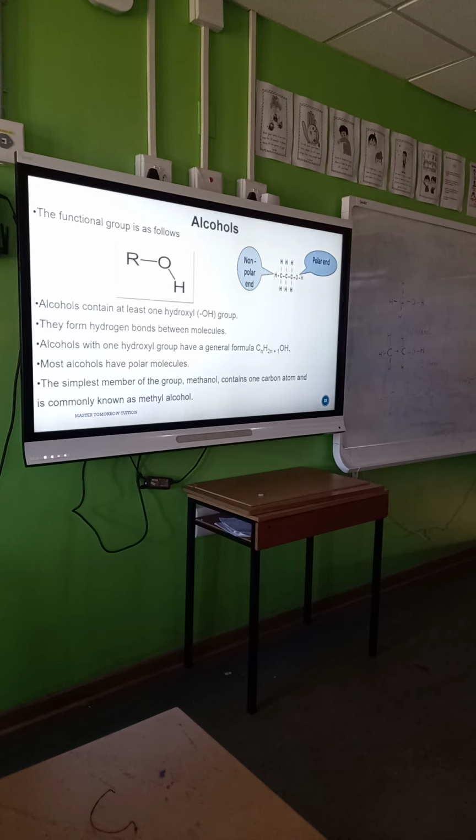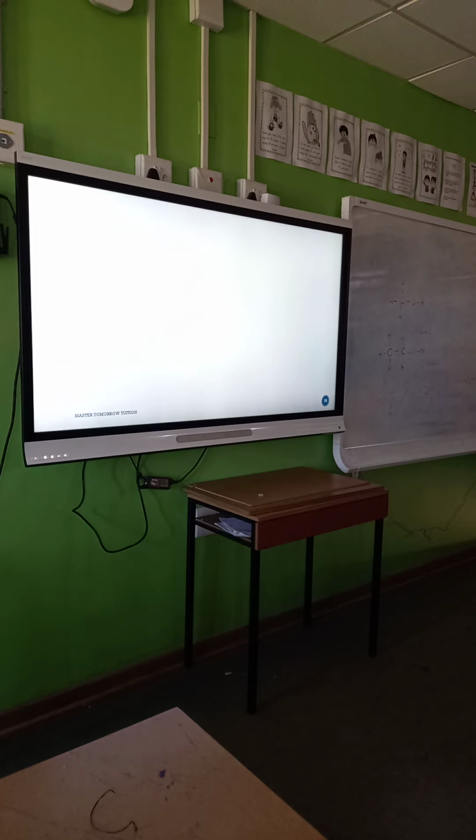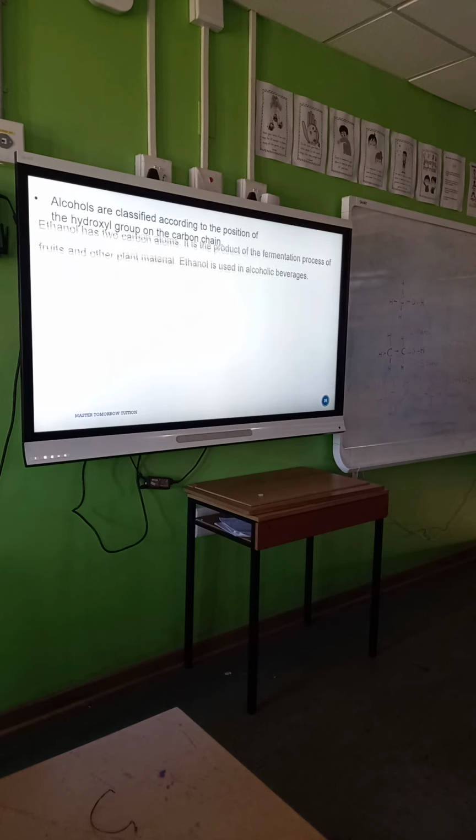So we saw this slide yesterday where we are saying alcohol has 2 poles. The one part is non-polar, the other part is a polar end. I think I've emphasized the first bullet when I was drawing that last structure of butan-2-ol, because it says alcohols are classified according to the position of the hydroxyl group on the carbon chain.